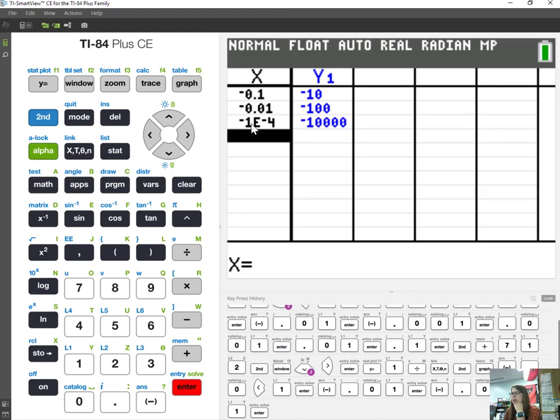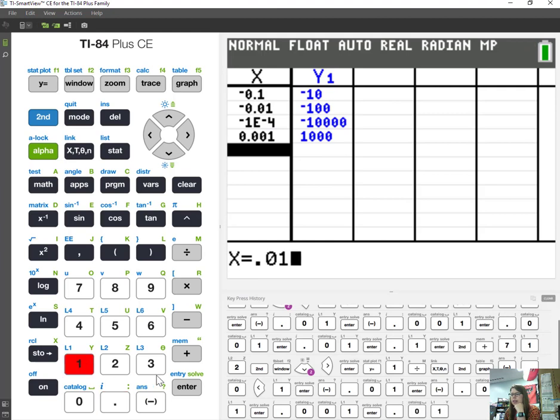Okay, and so, I put an extra 0 on that one. But you get the idea. It's negative 10, negative 100. That one would have been negative 1,000, and now we're at negative 10,000. And then on the other side, we have 0.001, enter, 0.01, enter, and then 0.1, enter.